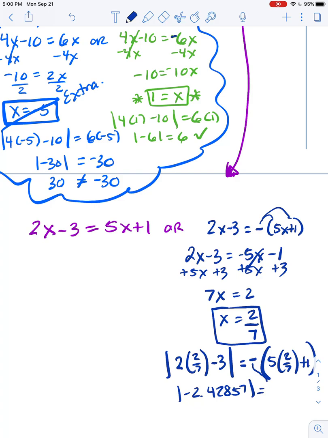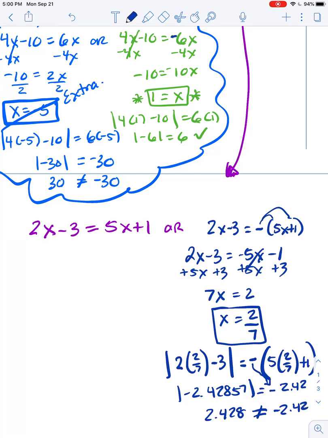I get the same number, but I also have to remember to bring this down since that's sitting around outside. So it turns into negative 2.42. Okay, well, that is a problem because if this one would come out positive, that's not going to equal the negative number.